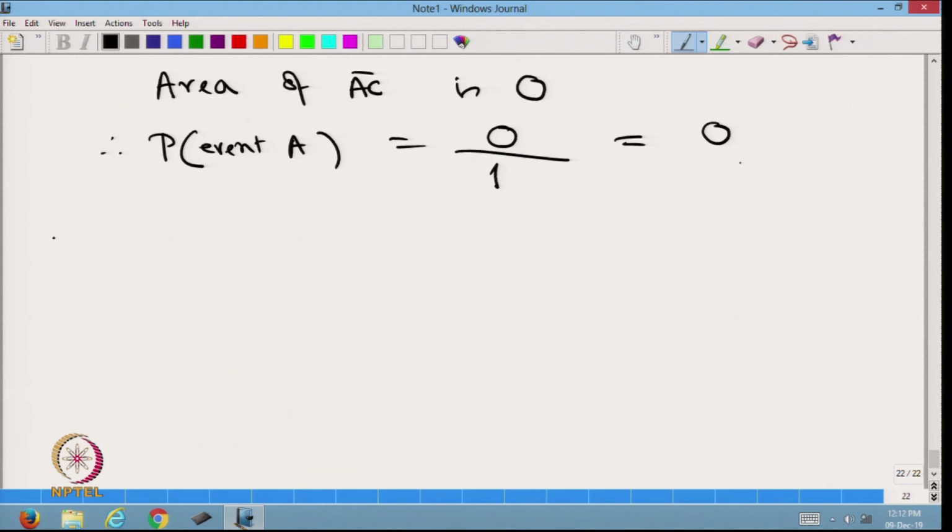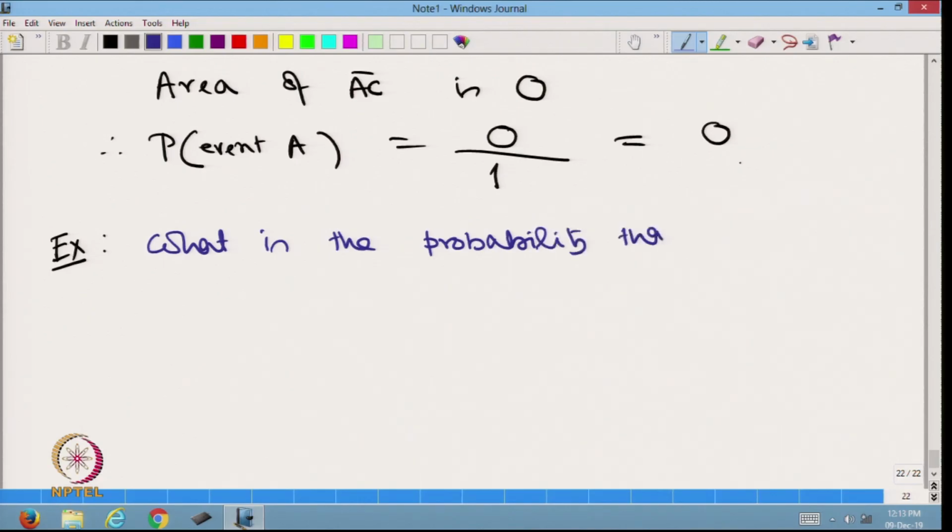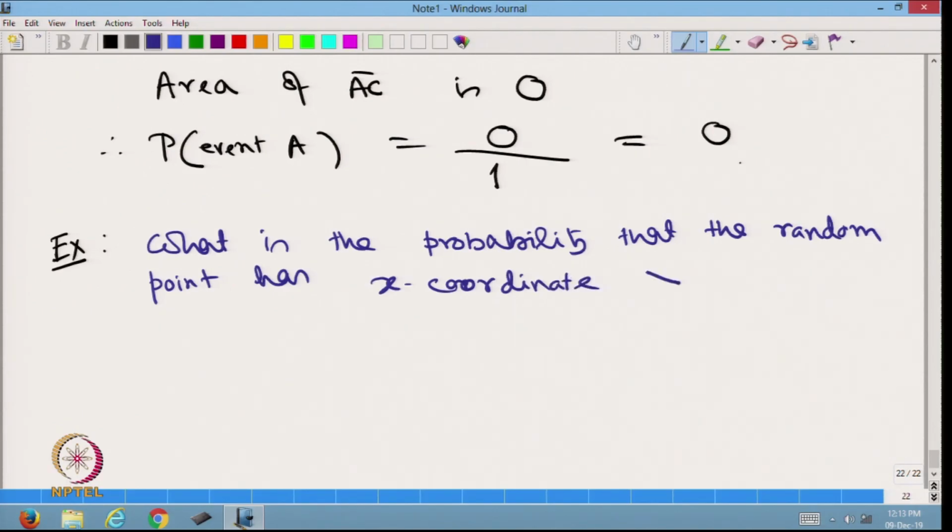A very similar question. What is the probability that the random point has x coordinate greater than y coordinate?